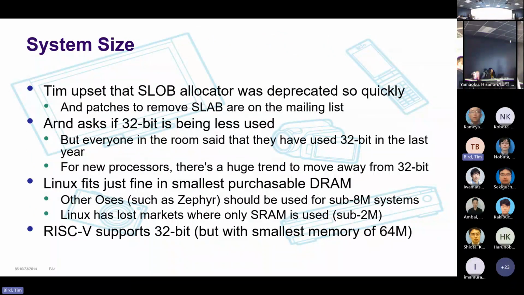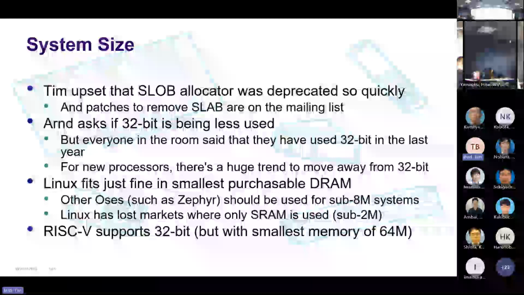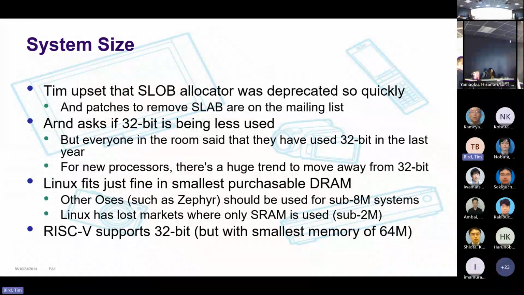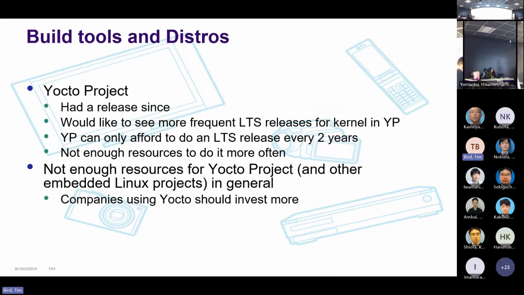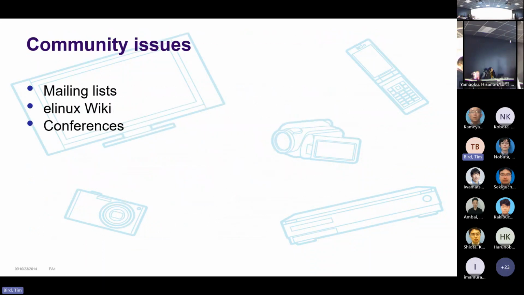Arnd Bergmann, who's the ARM maintainer, asked if 32-bit is still being used, and every single person in the room said, "Oh yeah, we still got 32-bit, so don't get rid of it." Sorry, that was so quick.